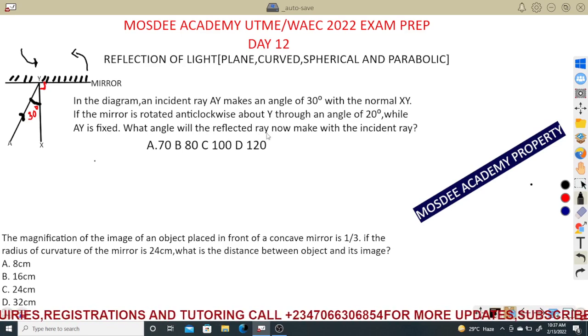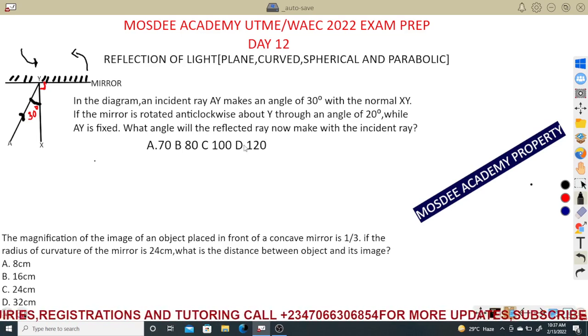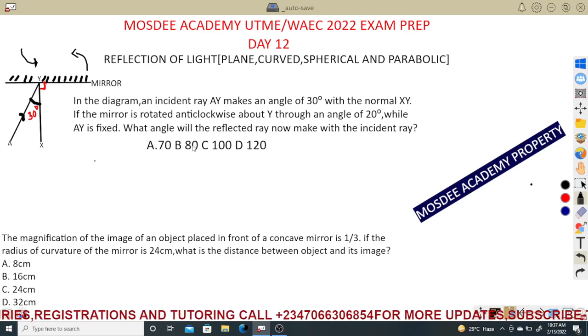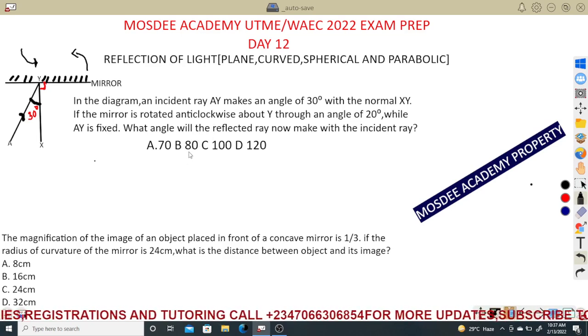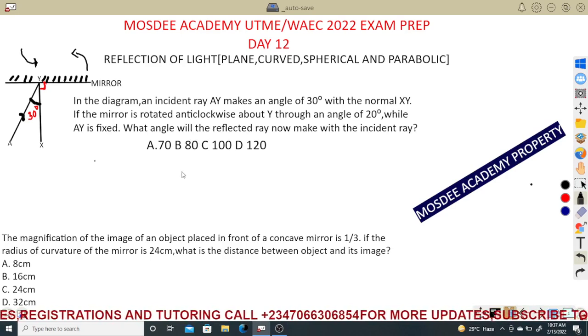Now, not to waste our time, because we are not talking about derivation and concept, we are only giving strategies on how to solve questions very quickly in case you are facing such a question in an examination.